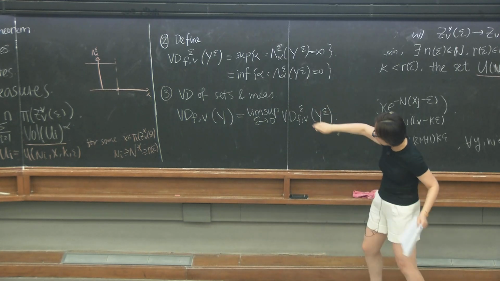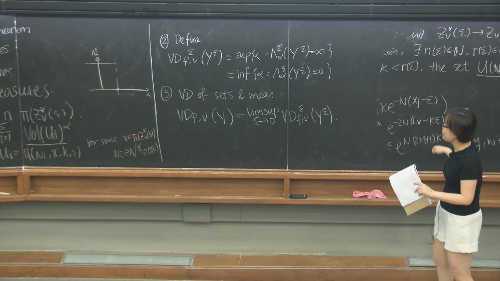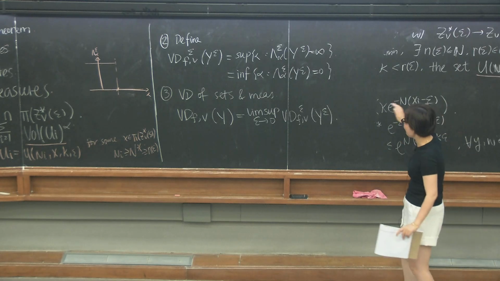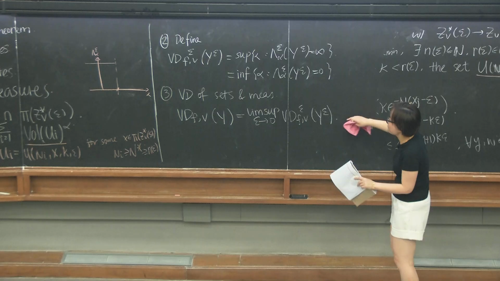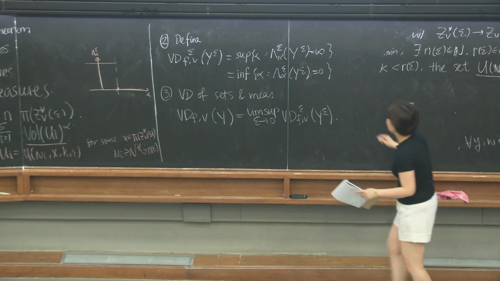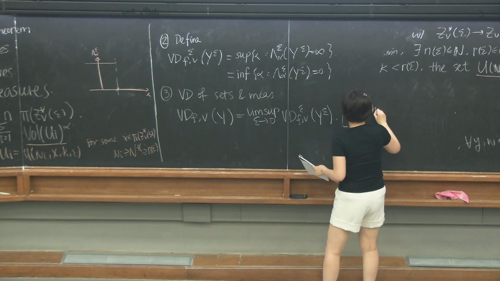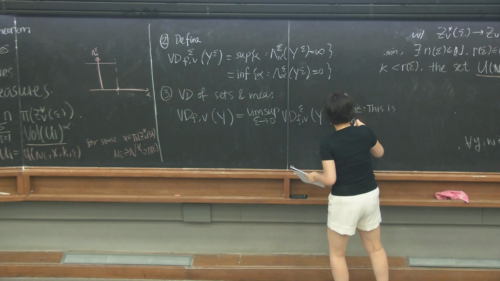Okay, so here I write lim sup. A priori it's a lim sup, but a posteriori it's a limit. So we have another equivalent way of defining the volume dimension, and there you can see it's a limit. But let me just remark, this is in fact a limit.